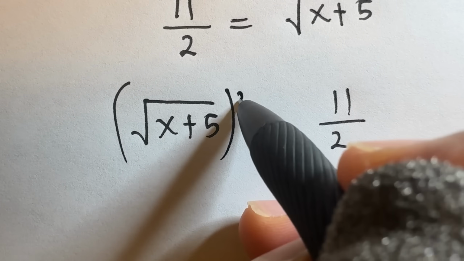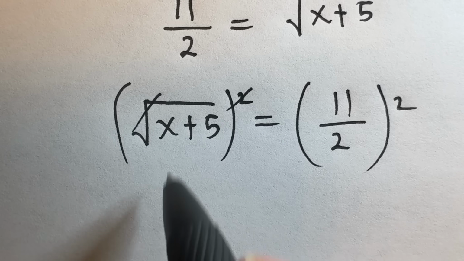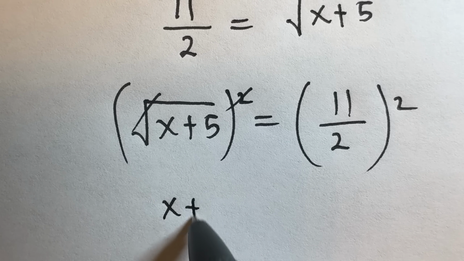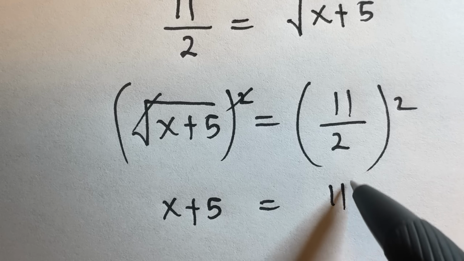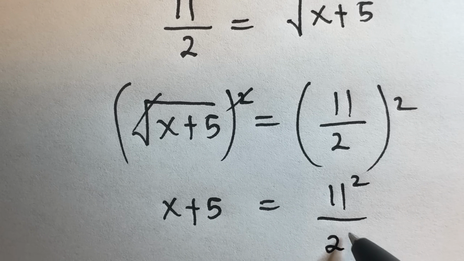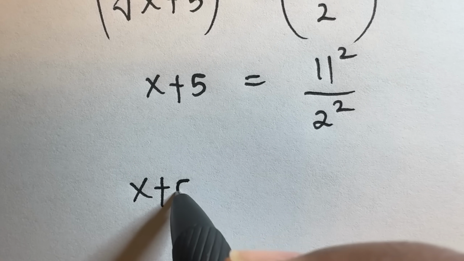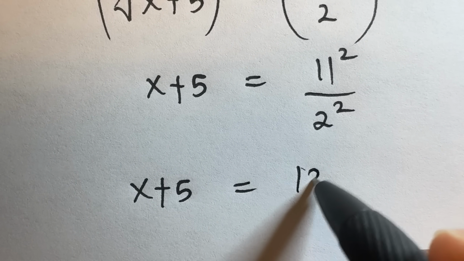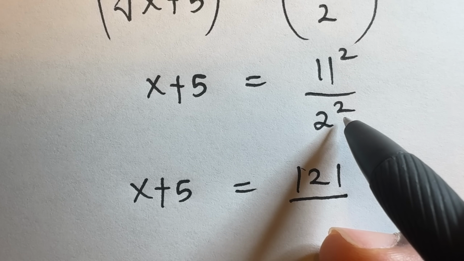Now take the square of both sides so that this takes care of this. This gives us x plus 5 is equal to 11 squared divided by 2 squared. X plus 5 is equal to 121 divided by 4.